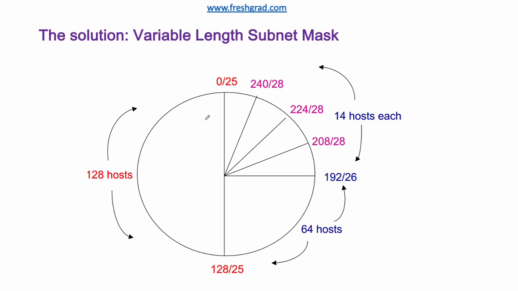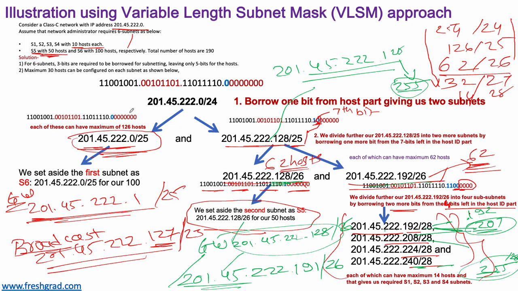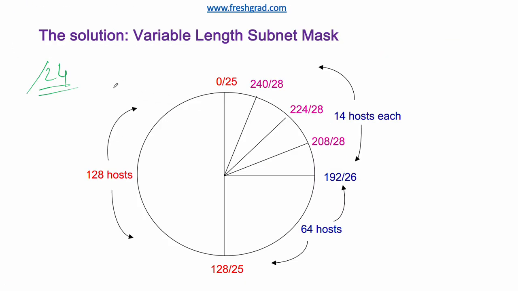So similar example, right? Let's look at it in a different picture. Now you saw the previous IP address, /24 network. We divide the /24 into two. So this is the /24, right? We divide into two halves here.